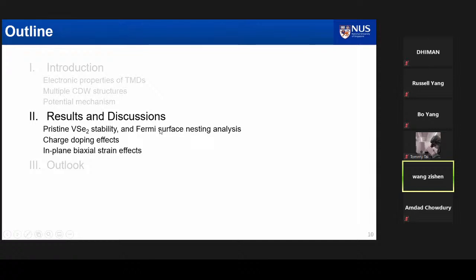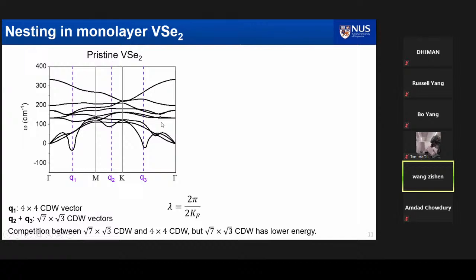The second part, I will show our results using first-principles calculations. Here I show the phonon dispersion curve of monolayer 1T VS2. Two imaginary points are shown in the graph, which indicates that the structure is unstable. The CDW distortion may arise spontaneously at low temperature.